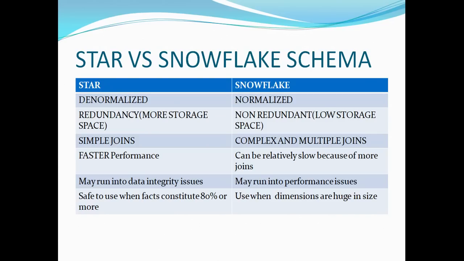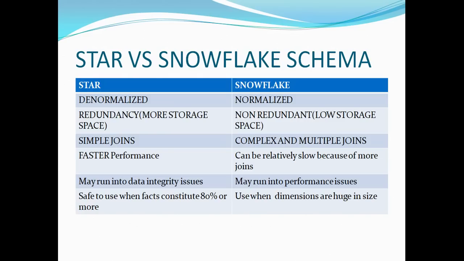Let's quickly recap the characteristics. The star schema is denormalized while the snowflake is normalized. Because the star schema is denormalized, that means we have redundancy, which consumes more storage space. The advantage that we gain from here is that the joins are simple and we will have faster performance.